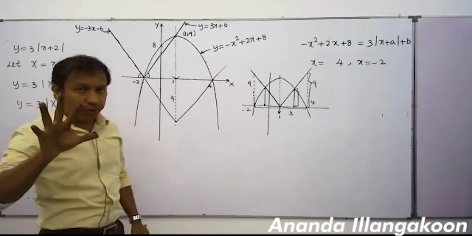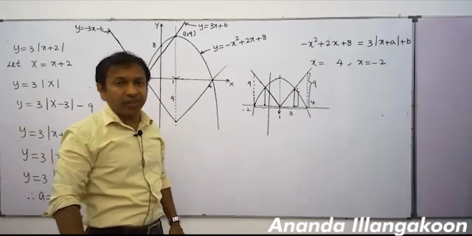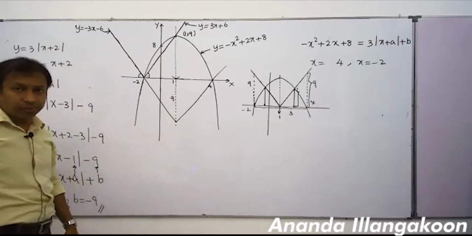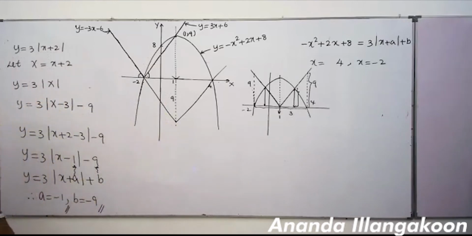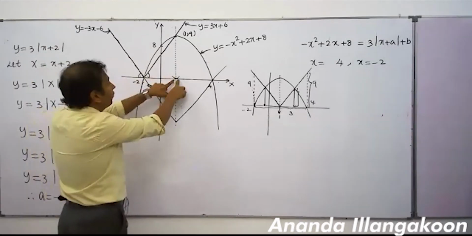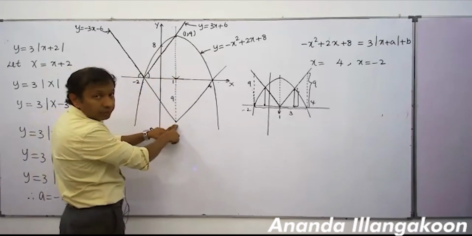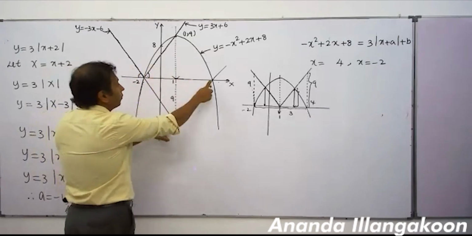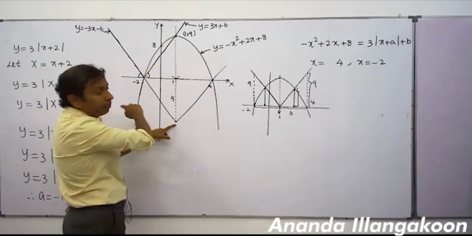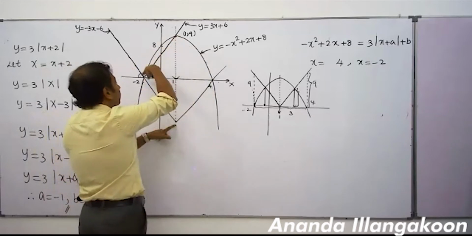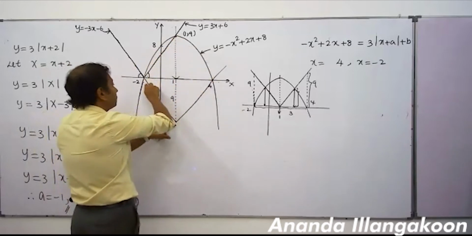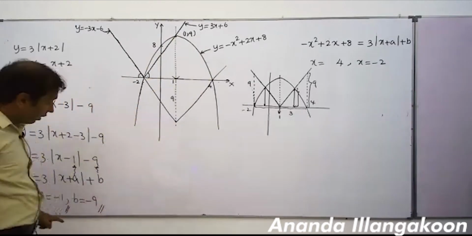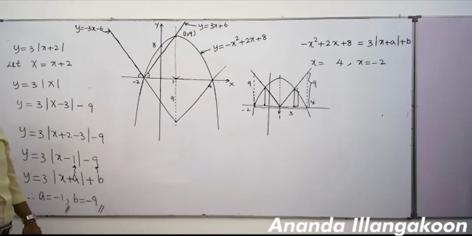If we have those ideas only, people, very easily we can think this, otherwise it is really confusing. This graph should be taken to the middle first and taken downward. Then this branch and this branch will pass through this point and this point. Then this maximum graph and this new graph will intersect at 4 and -2. Then the a value is -1, b is -9.